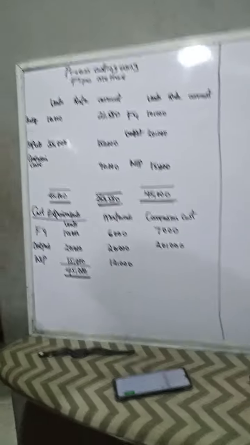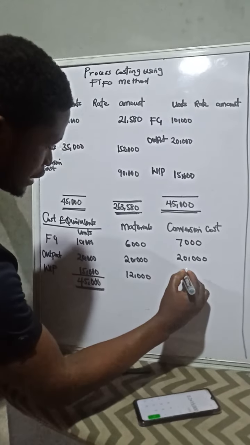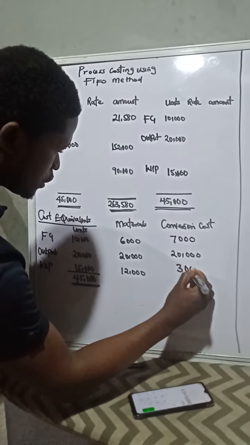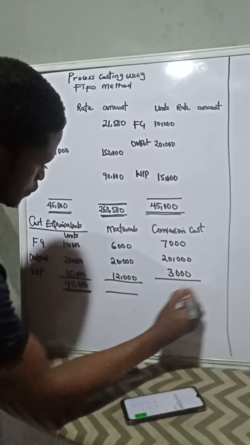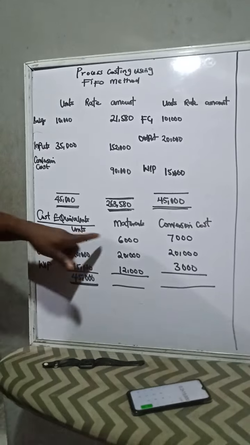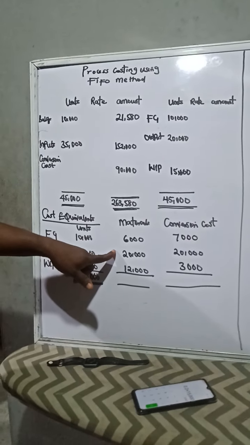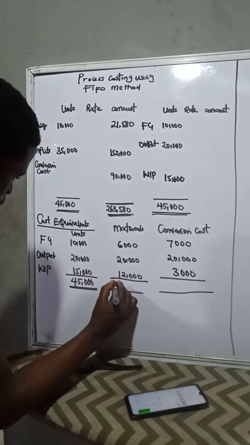So 20% of 15,000 units gives me 3,000. So I can total my cost equivalent. This is 6,000 plus 20,000, that gives me 26,000, plus 12,000, that is 38,000.